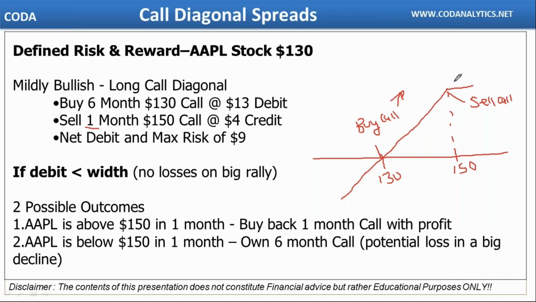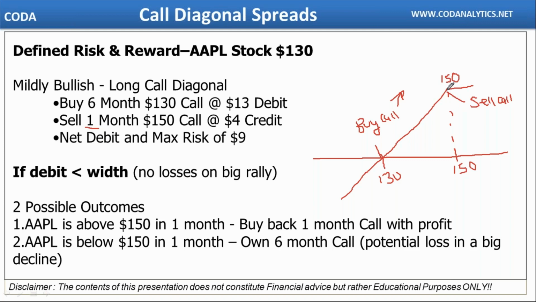So you are obligated to sell to them. If you sell to them at 150, that's the agreed price.